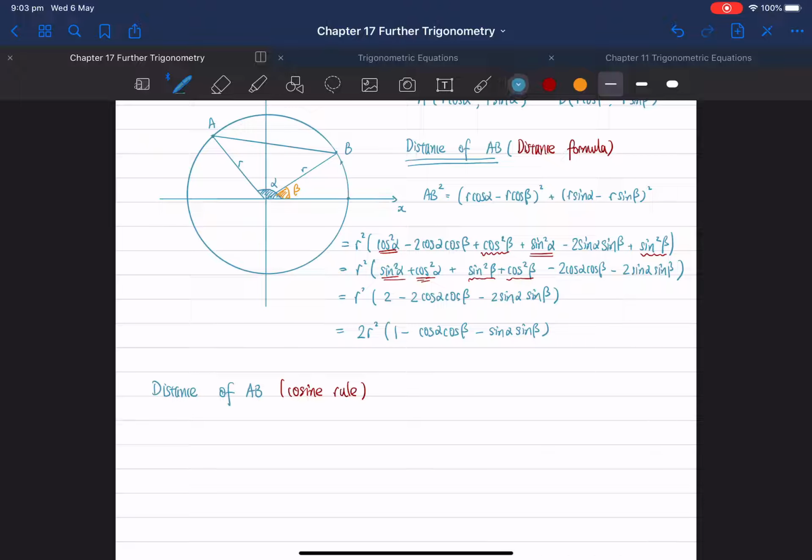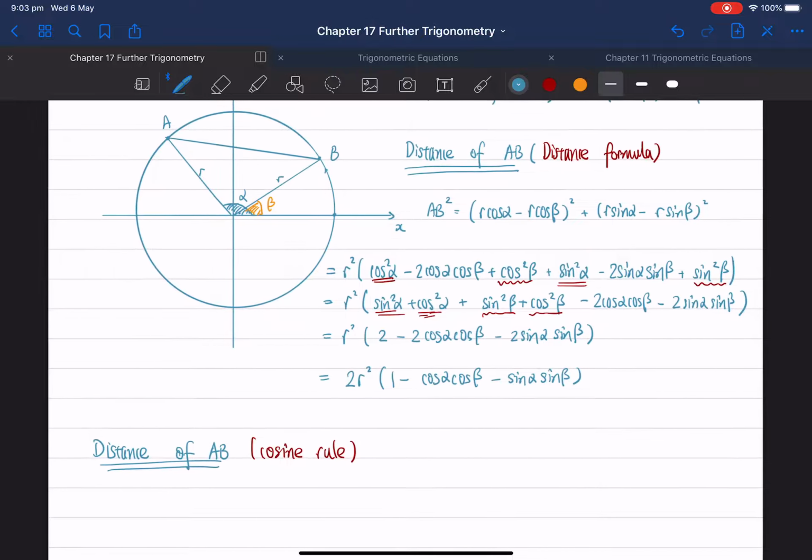Again, I hope you remember the cosine rule. It's c squared is equal to a squared plus b squared minus 2ab cosine c. Let's redraw the diagram. We've got this angle in between, which is alpha minus beta, and the radii are r and r.